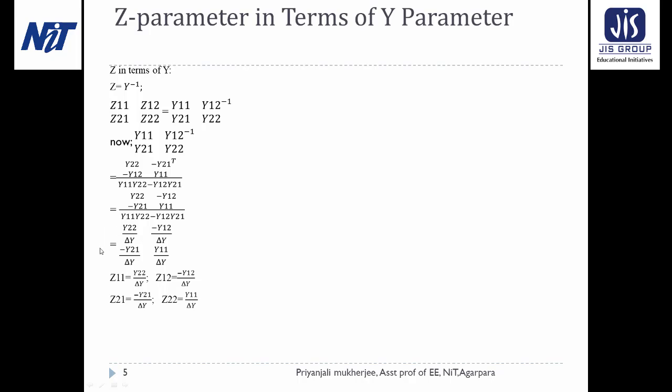So we can rewrite this matrix in this form: Y22 by delta Y, minus Y12 by delta Y, minus Y21 by delta Y, and Y11 by delta Y.